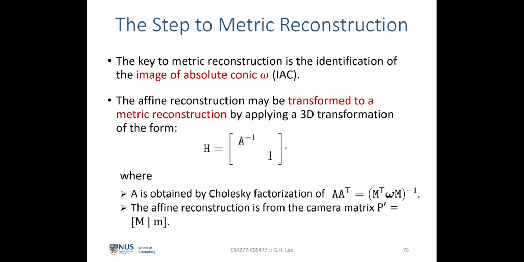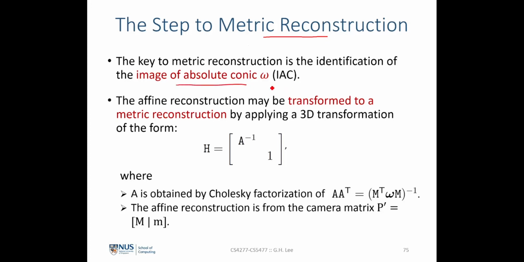So after we have removed the projective distortion to recover an affine reconstruction, the last step of the stratified reconstruction is to remove the affine distortion to recover the metric reconstruction. And the key to achieve this is to identify the image of the absolute conic omega.